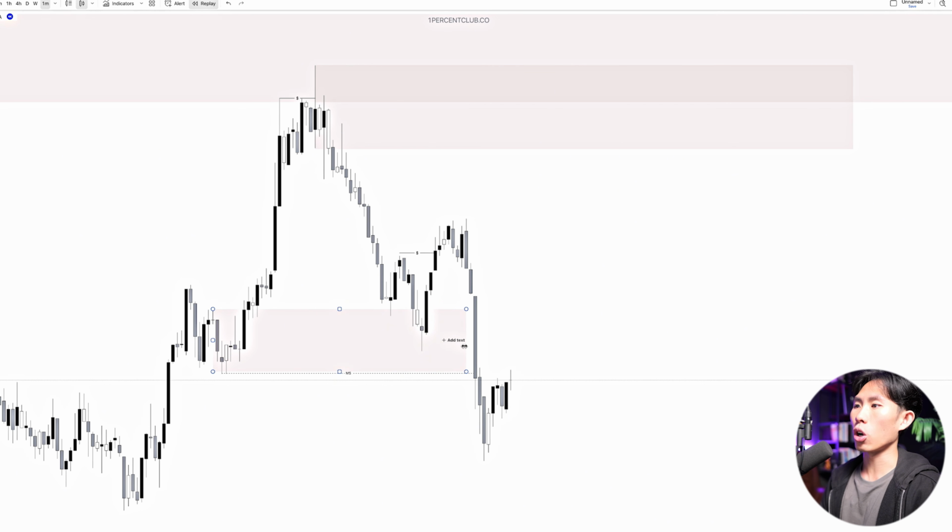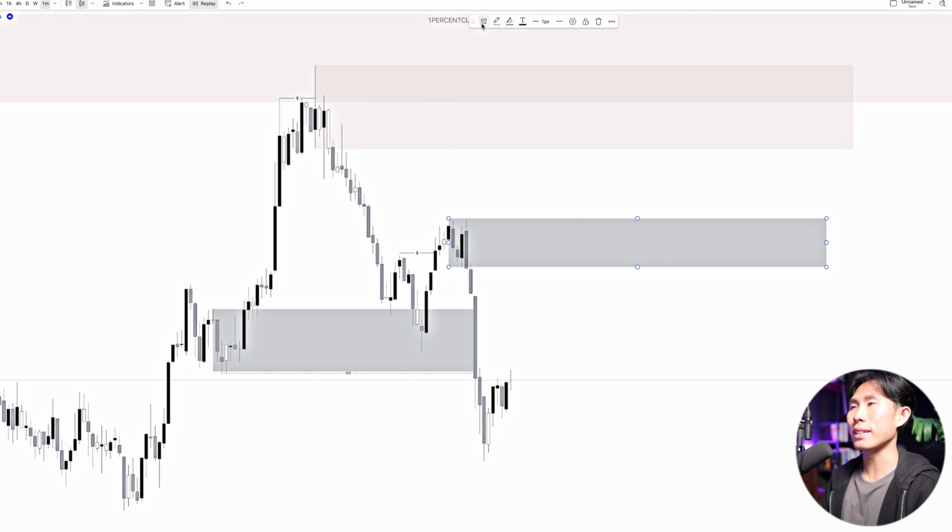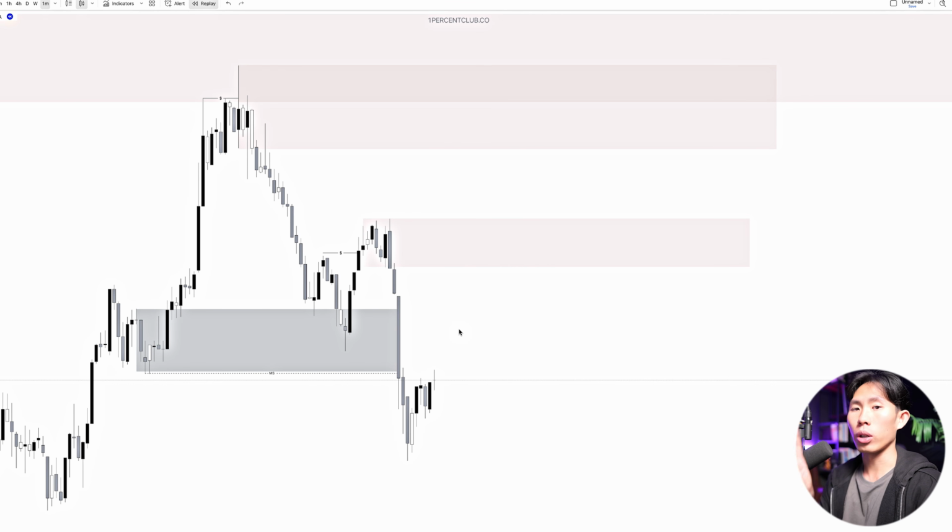Okay, so based on this itself, we know that we got our sweep zone right here, right? So this is the most recent lower time frame supply zone that actually swept the available liquidity from the failed reaction itself. So now we got 2 points of interest that we can look to trade from.